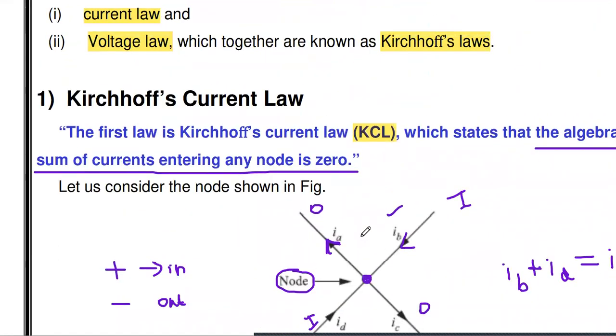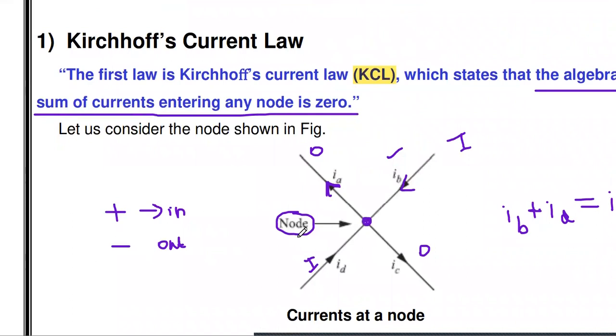So this is KCL, Kirchhoff's current law. Just remember KCL is applied for a node. For any node, first we have to mark the currents, whether incoming or outgoing. For an incoming current, you put a plus sign. For an outgoing current, you put a minus sign.